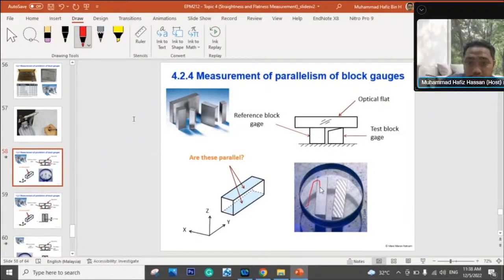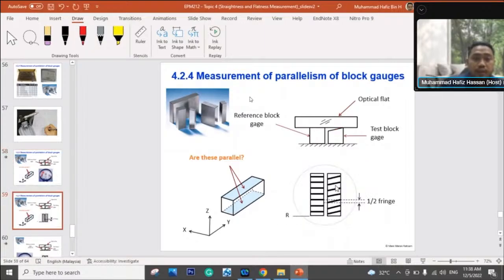See here, the fringe pattern and then a very small gap. When we compare with this test block, they have a slant here. Of course, they have an air gap here to fill. So that's why they give patterns, and also they have a big curve on that. So that is a comparison in terms of parallelism.